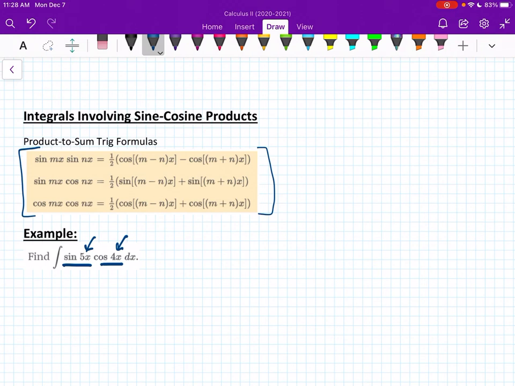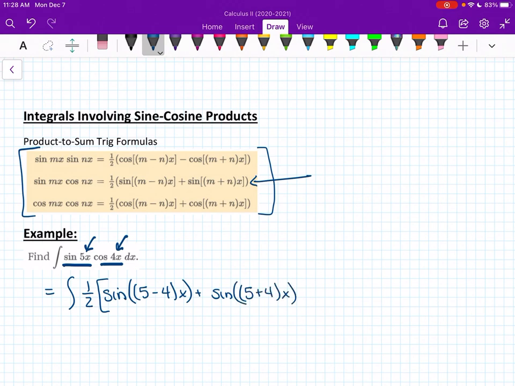So if I look at my product to sum formula, I have the second scenario here. So this is the same thing as the integral of 1/2 of (sin(5x − 4x) + sin(5x + 4x)) dx.